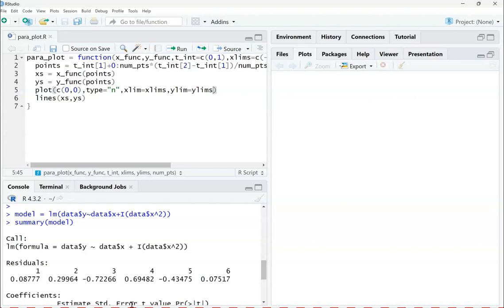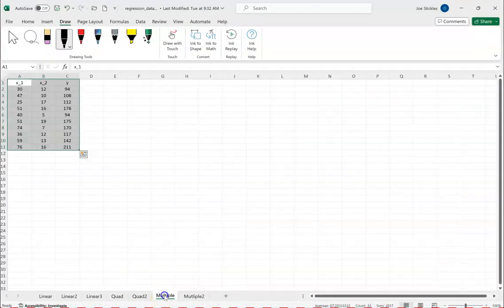We can also do the exact same thing if we want to create the output as a function of 2 variables. So let's do an example of that real quick while we're at it. Let's go back over to the regression data file here, and I'm going to click on that multiple tab.